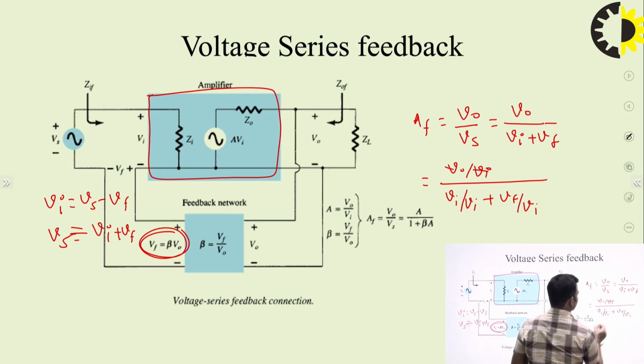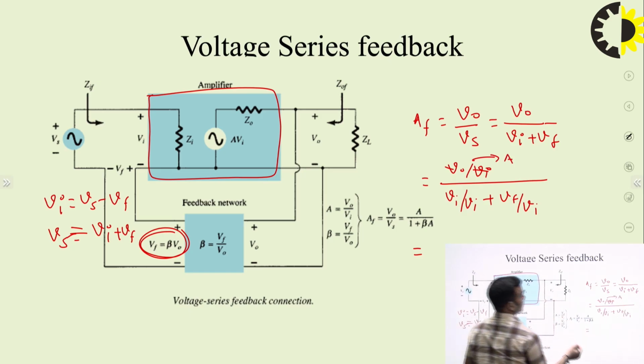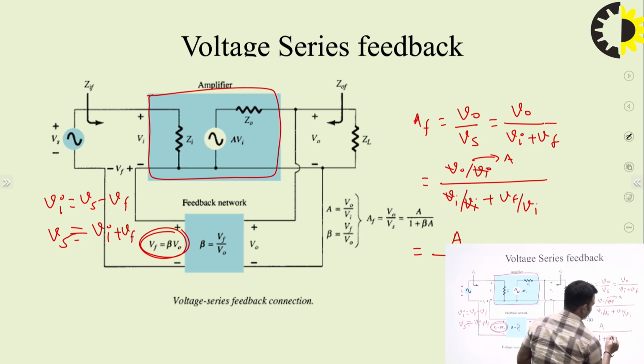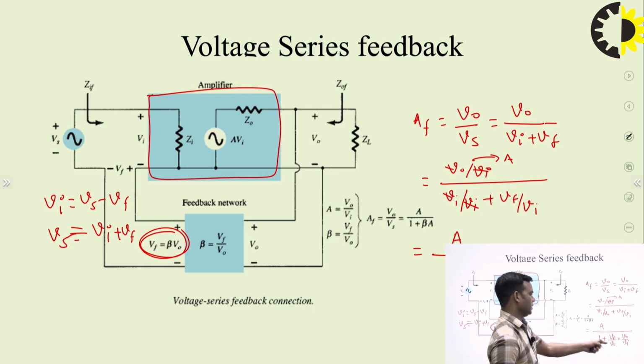V0 upon Vi is A, so it will be A upon 1 plus Vf upon V0 into V0 upon Vi. Can we write it like this? Yes, why not? Because V0 and V0 will be cancelled out.